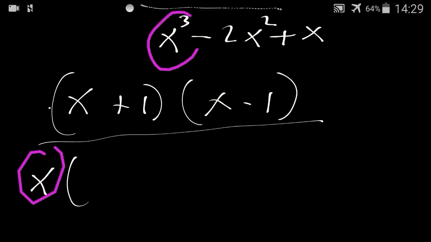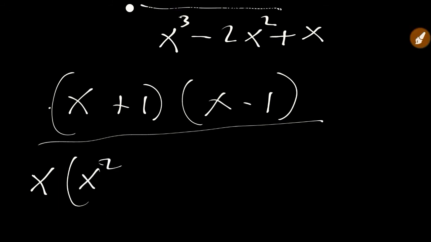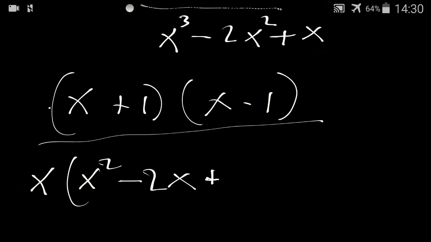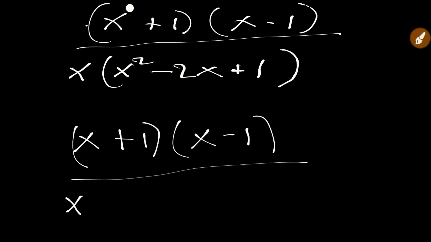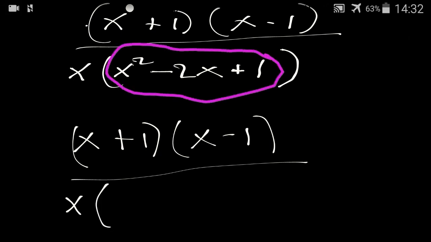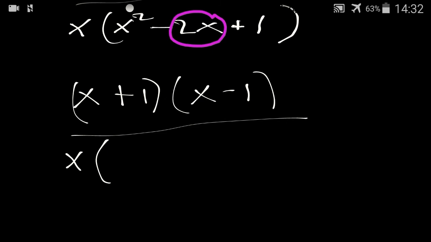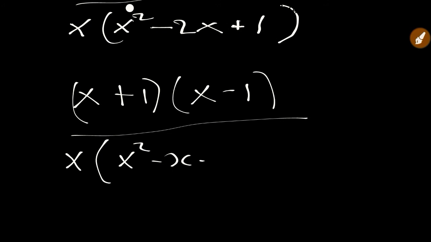So x into x³ is x², times minus x into 2x² is 2x, times plus x into x is 1, times x. So (x + 1)(x - 1) over x. So we are going to factorize this one. So minus 2x is the sum and plus 1 is the product. So therefore (x² - x + 1), brackets close.